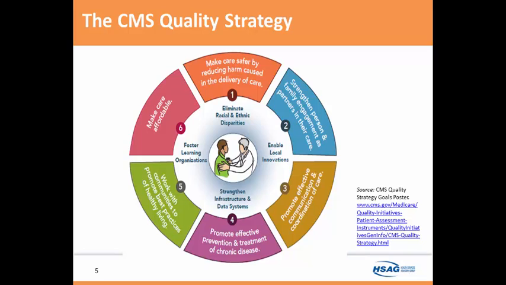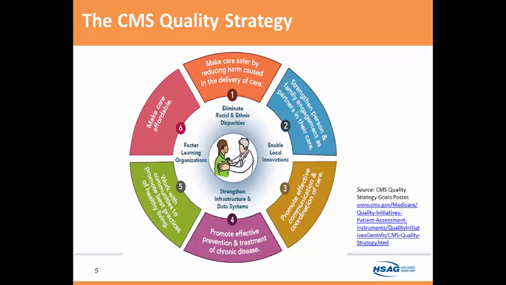The CMS Quality Strategy, which is shown on this slide, pursues and aligns with the National Quality Strategy. The 6 goals of the CMS Quality Strategy are in the outer ring of the graphic. In addition, there are 4 foundational principles found in the inner ring of this circle.